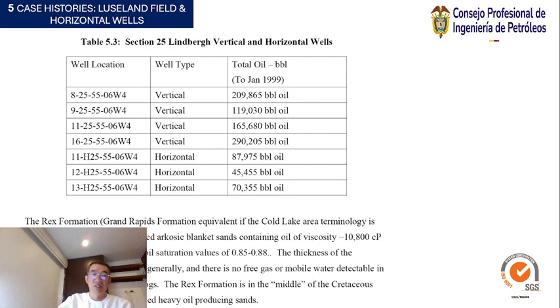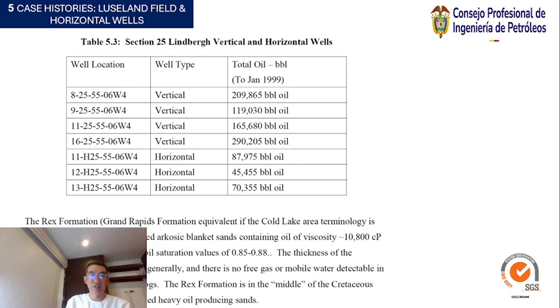The Rex Formation is the Grand Rapids Formation equivalent, if the Cold Lake area terminology is used.